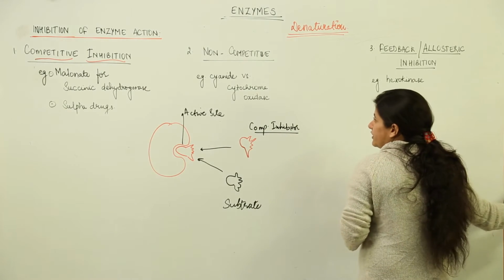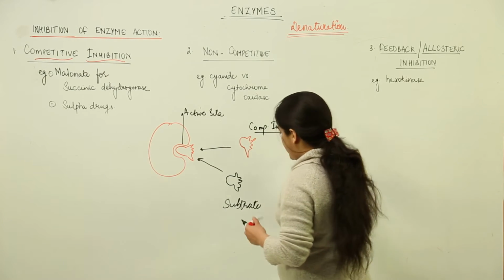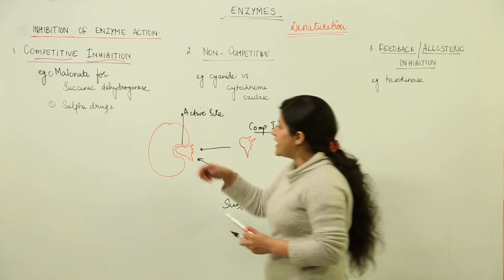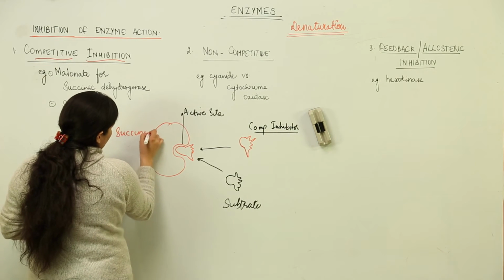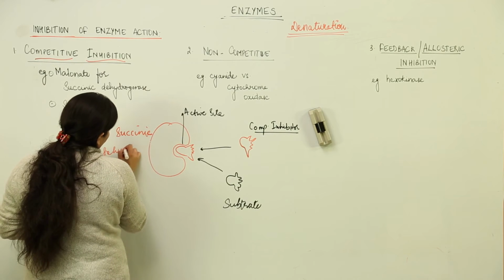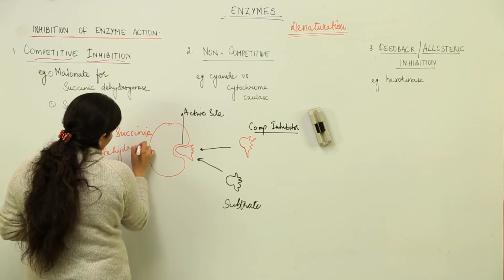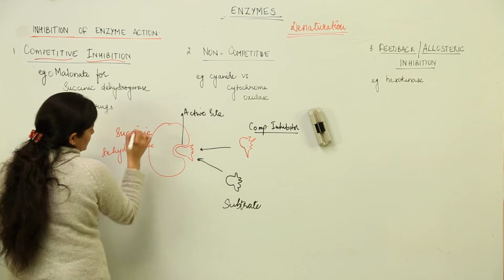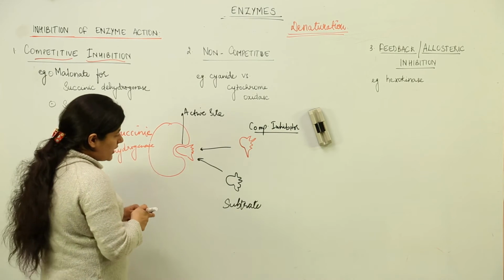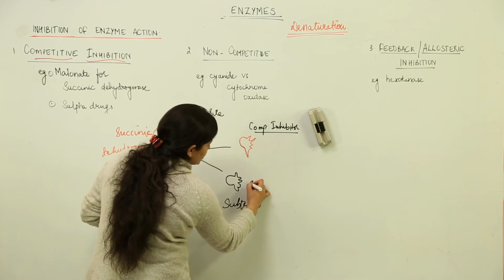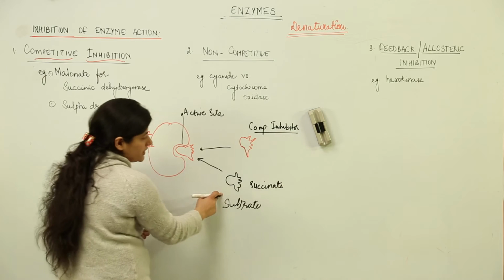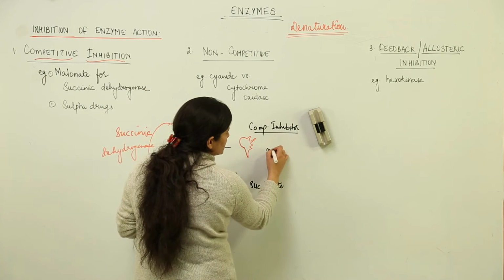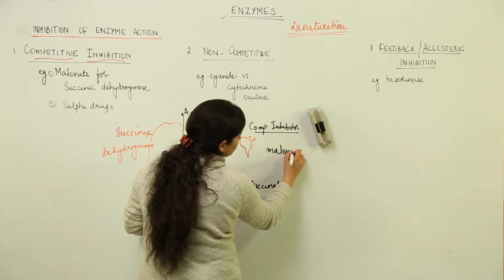The example we consider is the enzyme succinic dehydrogenase. You remember this is an enzyme very important in the Krebs cycle, where succinic acid has to come and combine. The substrate is succinate, but succinate has a close resemblance to malonate.